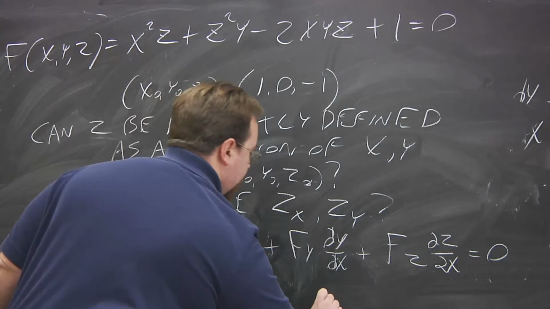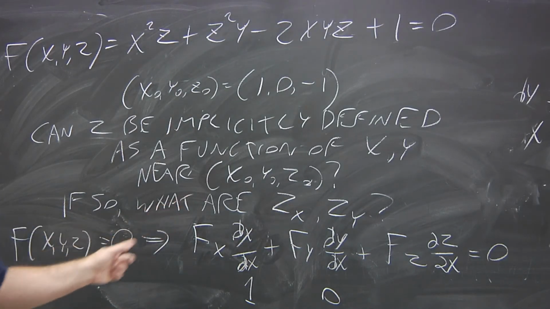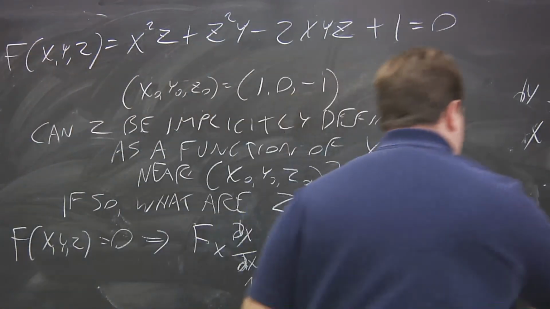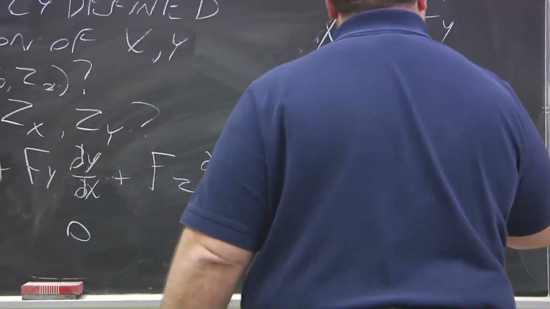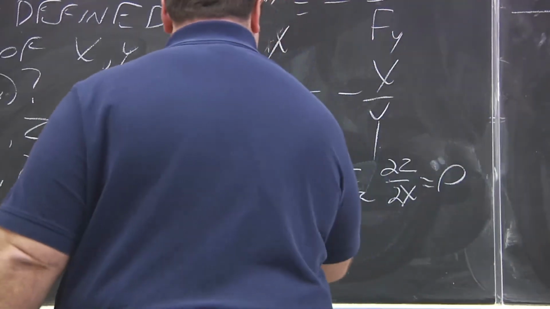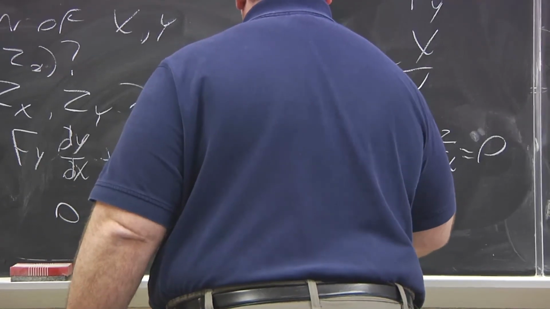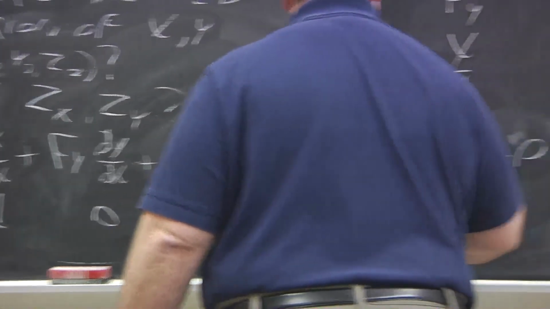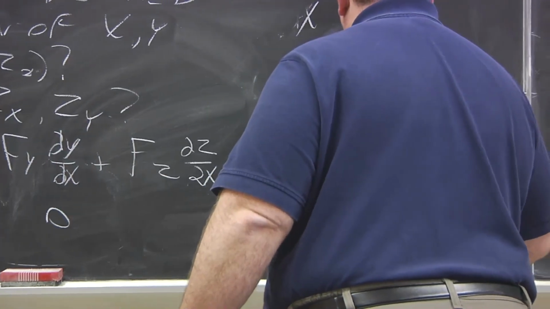Partial of y with respect to x, 0, because x and y are independent variables. They do not depend on each other. So if we simplify this whole thing, we get fx plus fz times the partial of z with respect to x equals 0. So now we can compute dz/dx. It's minus fx over fz.